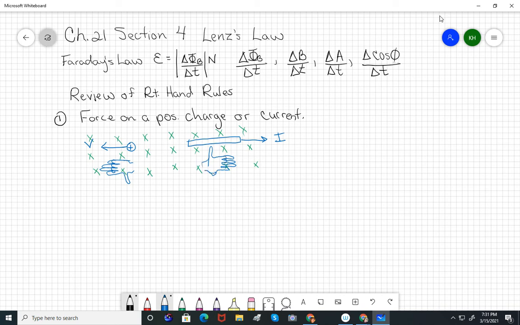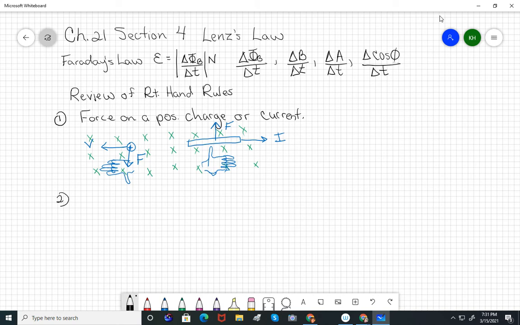Now my fist would look like this. So in this case, we know the force would be up on that conventional current, and in this case, the force would be down. Obviously, if we have a negative charge, that changes the direction. But that was the very first right-hand rule we learned.